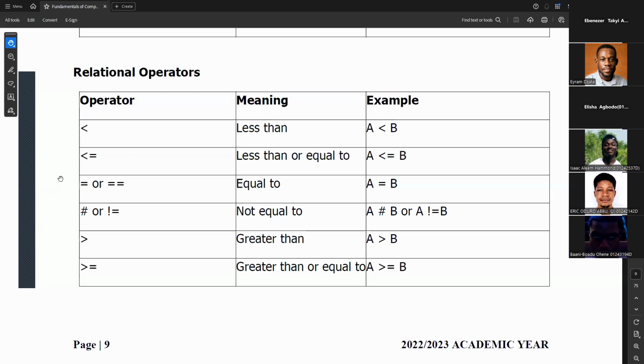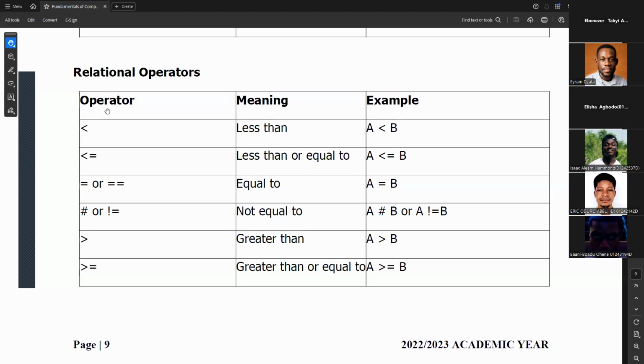All right. So I'll take a bit of your time because I want to finish explaining this concept, so that when we meet next week, we are just going to look at the practical aspect of the algorithms and flowcharts. So we have the relational operators, also known as conditional operators.